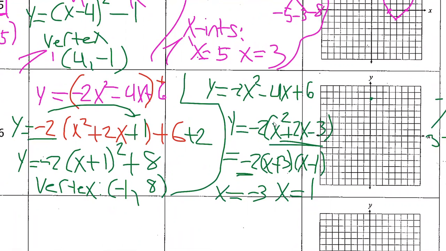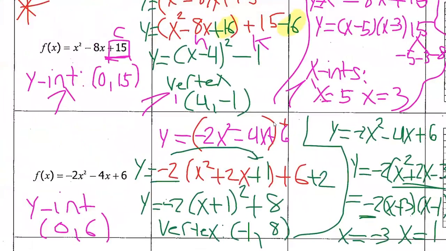Oh no, it is. It's on the very top. Almost. Okay, but it'd be around there. And then your x-intercepts would be at -3 and +1. So a really rough sketch would look something like this.